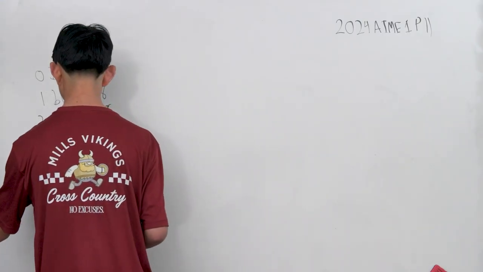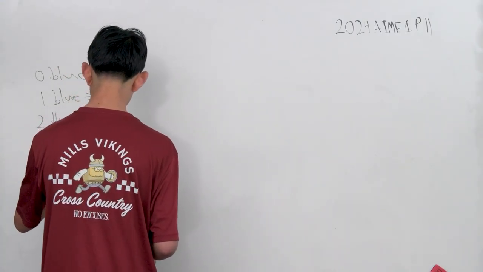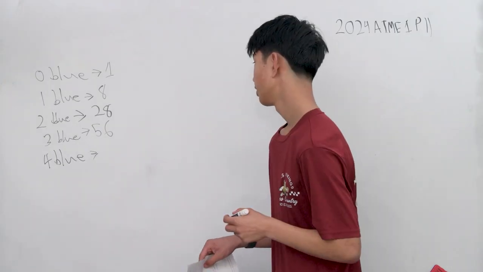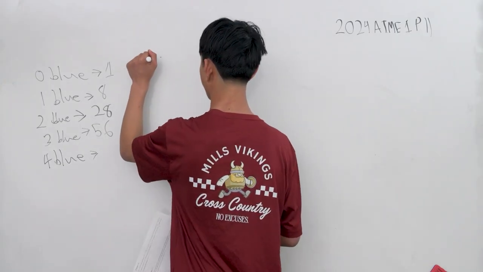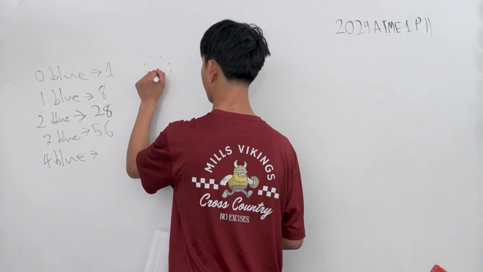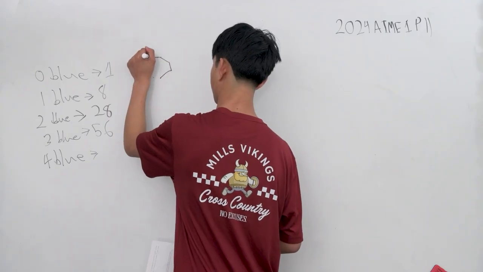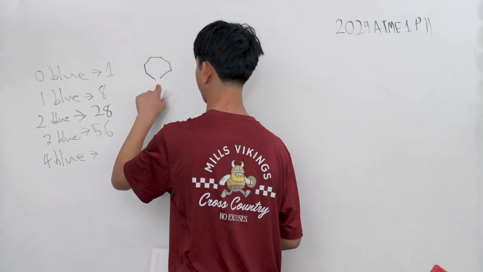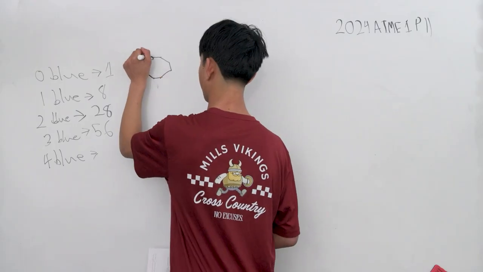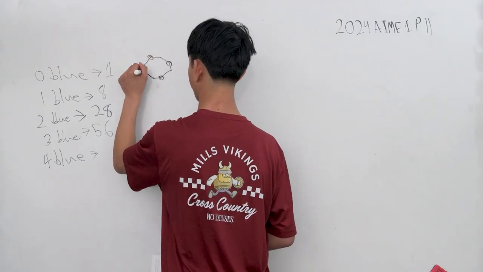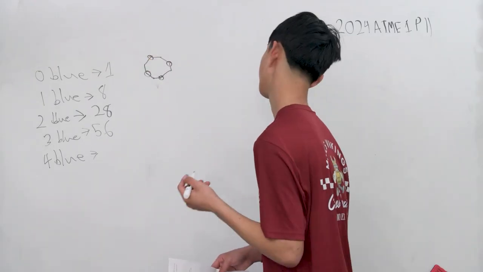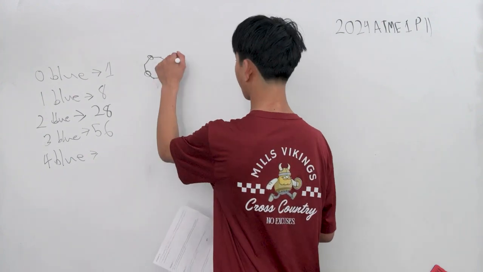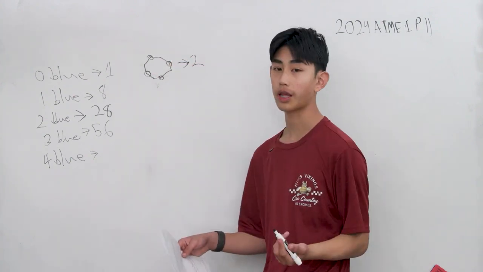If we have 4 blues, we can split this up into cases. The first case is where we would have an octagon going like so, where the vertices I'm circling means they're blue. So this would only have 2 cases.